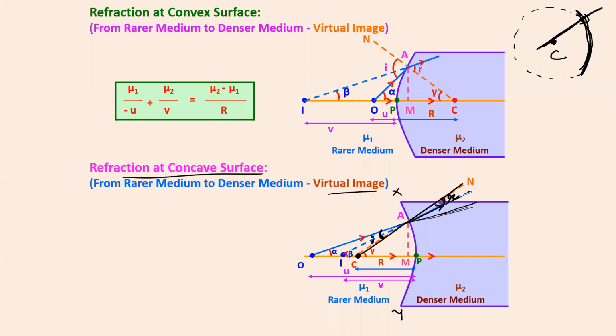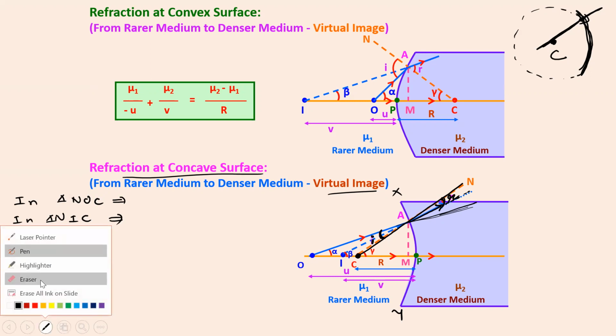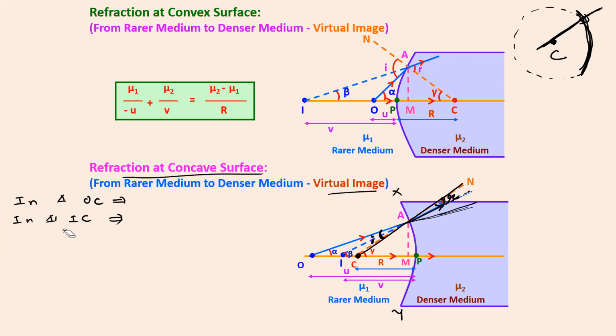So we had to get the relations. In those triangles only, we take triangle AOC and AIC.